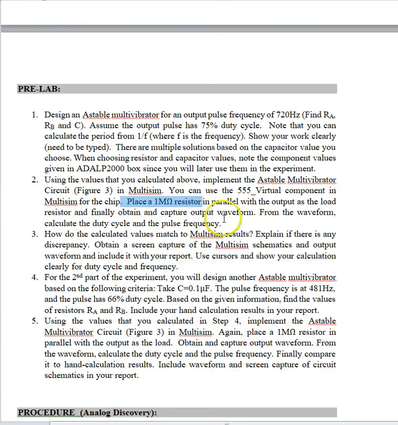And as always, you get the screen capture of the schematics, the waveforms, and you also need to have the hand calculation shown clearly. It needs to be typed. What you're looking for from the Multisim output is to verify that you're actually achieving the 75% duty cycle and the frequency matches.